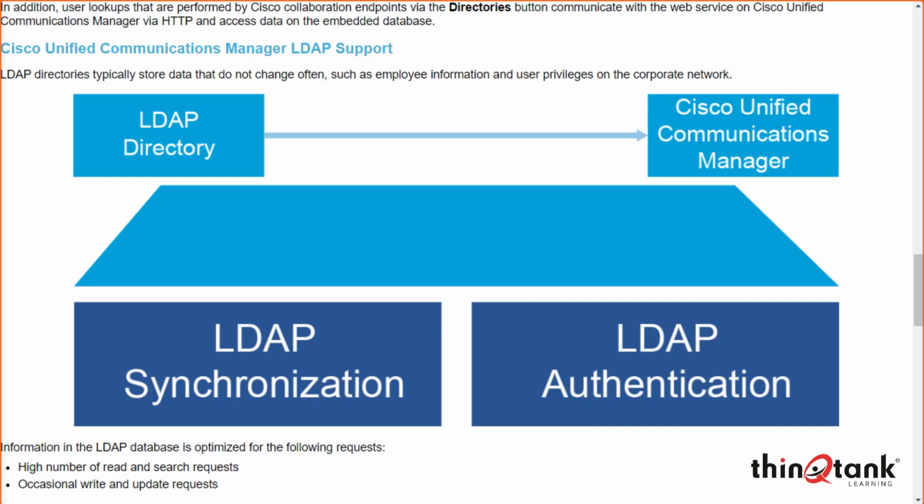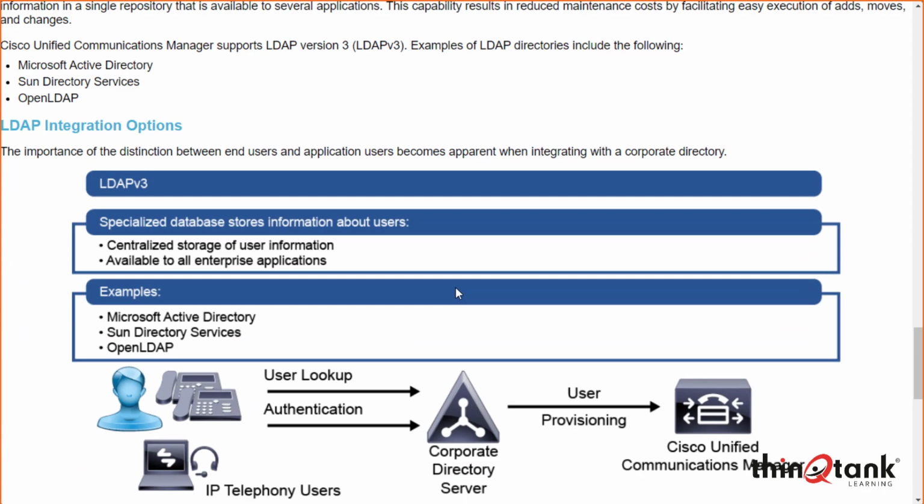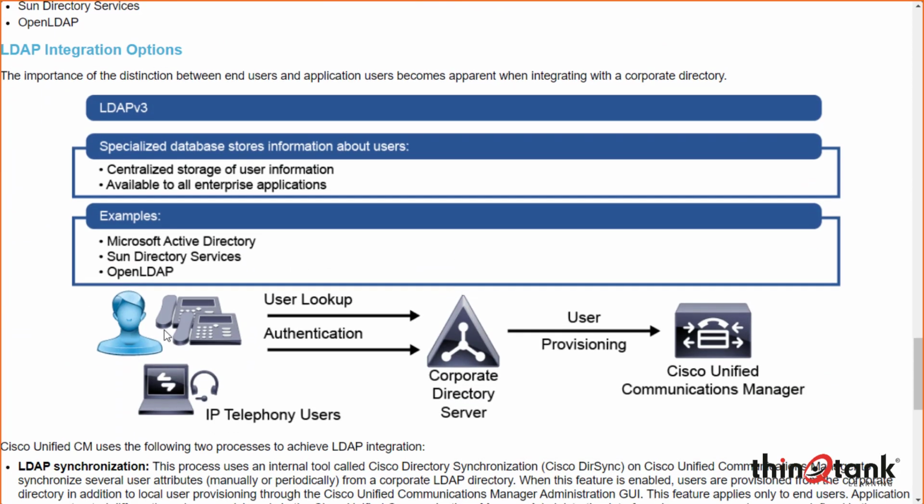Like I said, we're running LDAP version 3. That's the latest version. That includes LDAP integration with Microsoft Active Directory, Sun Directory Services, and Open LDAP. All right. Now, there is an important distinction that has to be made between what an end user is and what an application user is, especially when it comes to the corporate directory.